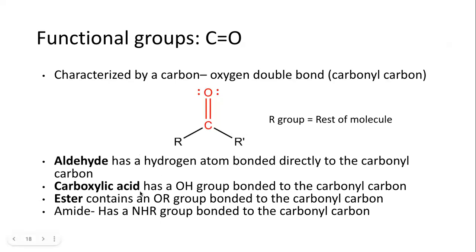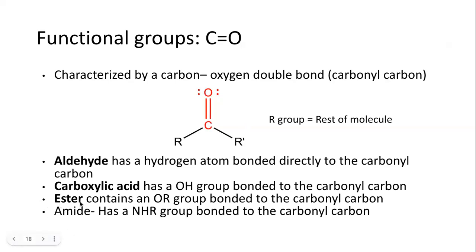We have carboxylic acids, and we will see this again when we look at amino acids, because amino acids have an amine group and a carboxylic acid group. So carboxylic acid has an OH group bound to the carbonyl carbon. So instead of an R here, you'll have an alcohol group that we saw in the last slide. And then for an ester, it contains an OR group bound to the carbonyl carbon.